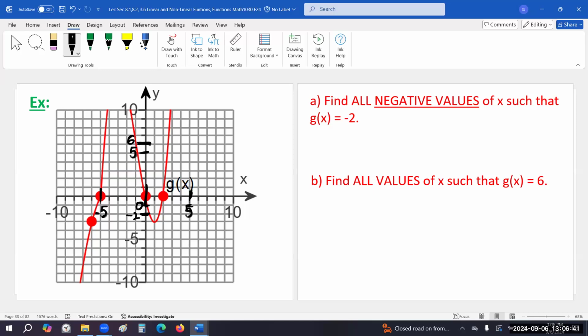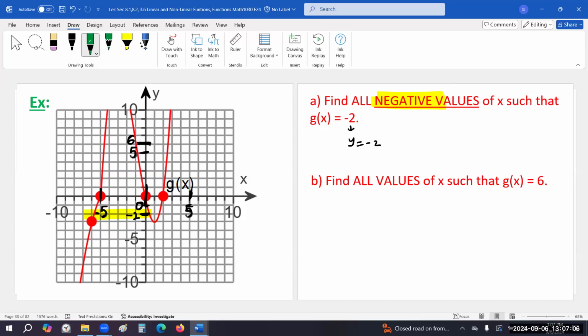Ready? Who wants to try the first one? Go ahead. Okay, so they gave us y is -2. So -2 is here. And they specifically want only the negative numbers. So you are very close.